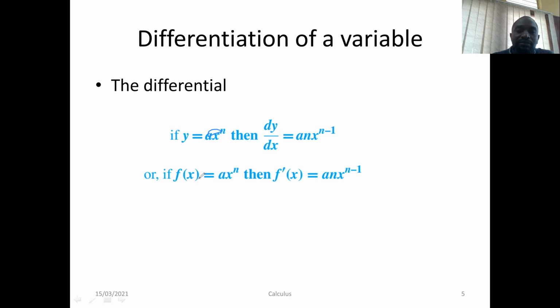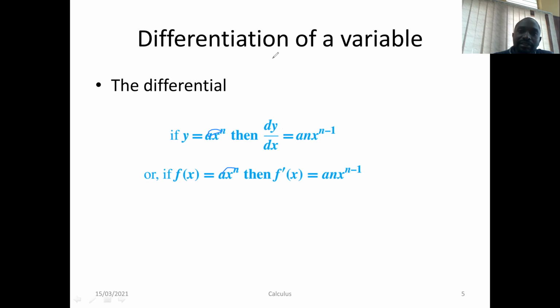You do the same for any function of x equals ax to the power n. So therefore, the power multiplies with the coefficient, and then this power again is subtracted by 1.